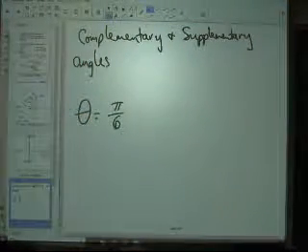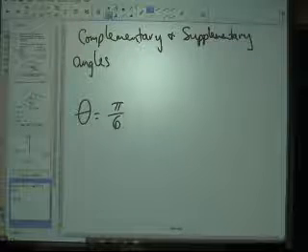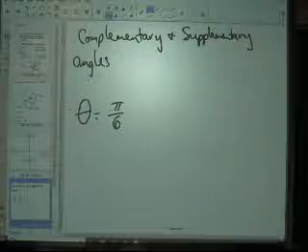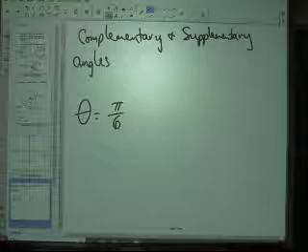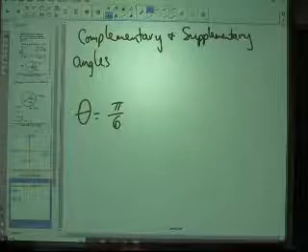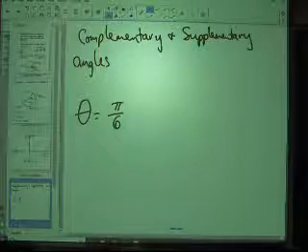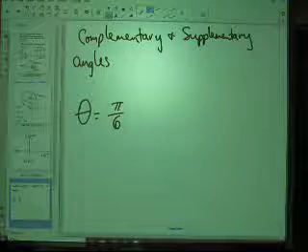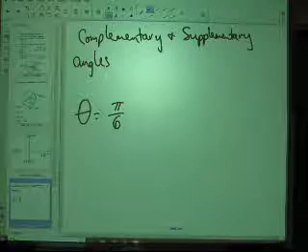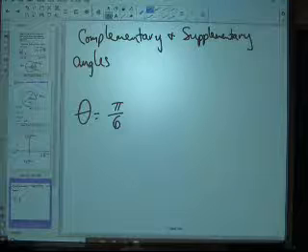Okay. So we're going to work with the radian angle of pi over 6, and we want to find the complementary angle and the supplementary angle for that.